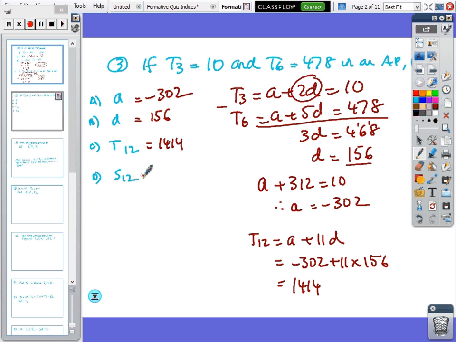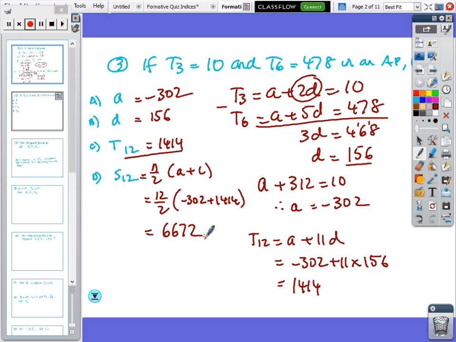S12, I'm going to use n on 2 first plus last because that's much easier. So I've got 12 on 2. First term is minus 302. The last term is T12. So 6 times bracket 14 minus 302 close bracket equals 6672. Okay, come across when you're ready.